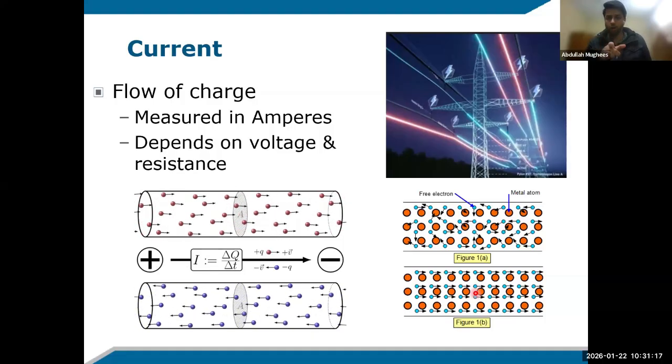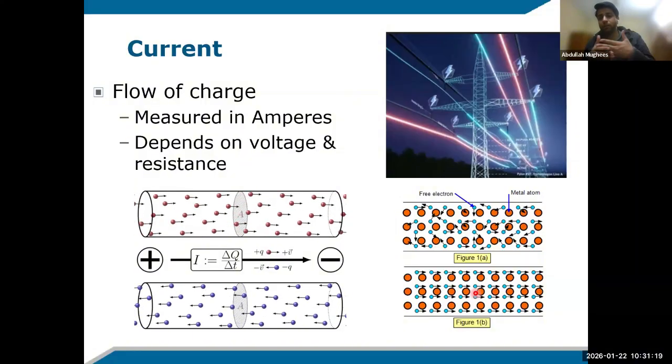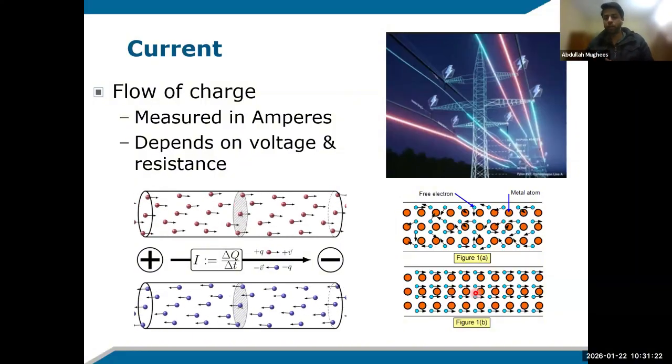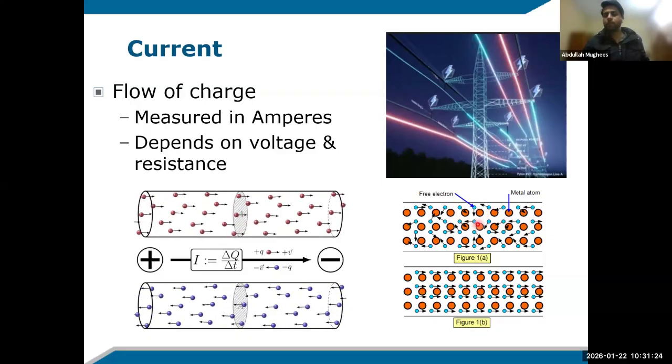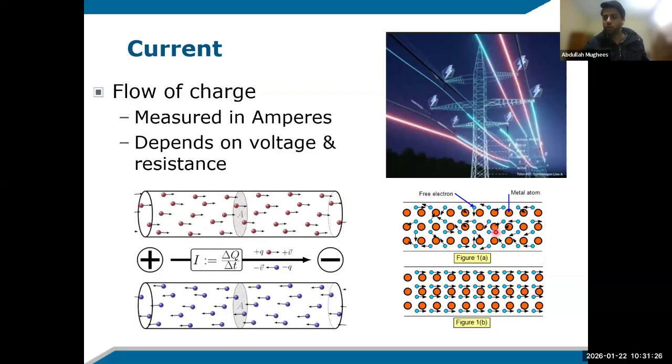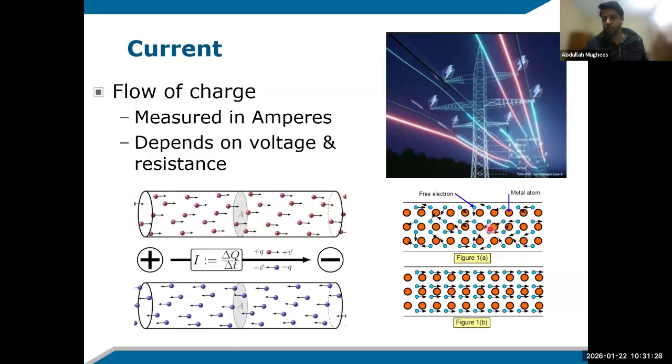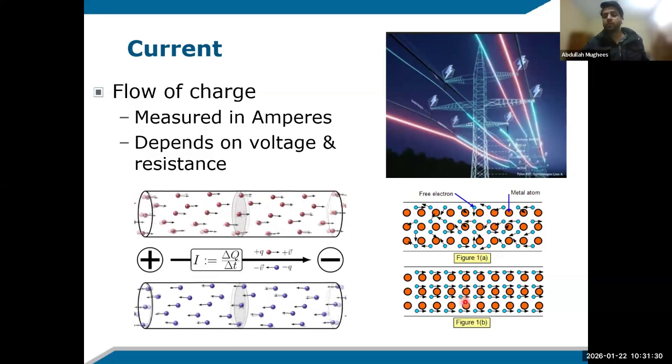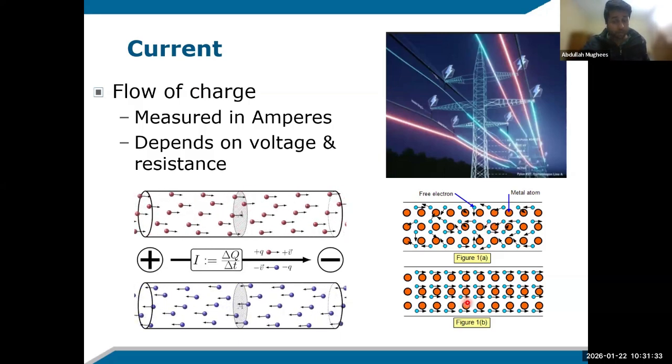They do not flow in a certain direction without voltage. So in figure 1a there was no voltage applied to this metal wire, but in figure 1b there was some kind of voltage applied to this metal wire.